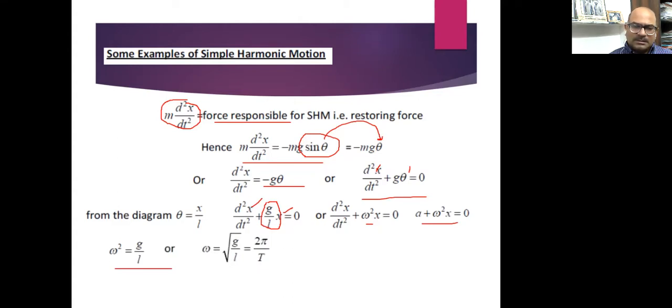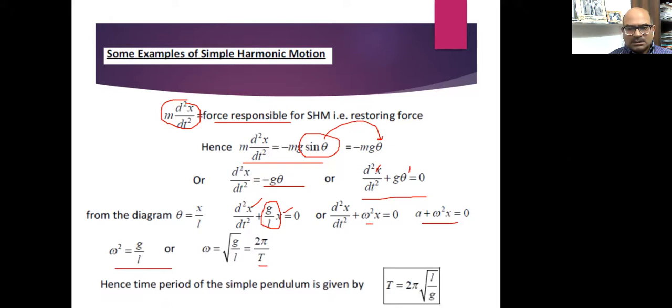And if omega is equal to under root g by L, and it is equal to 2 pi by capital T, then the time period T we can easily find out: 2 pi under root L by g. So this is the time period of a simple pendulum in the ideal case when there is no damping force available.